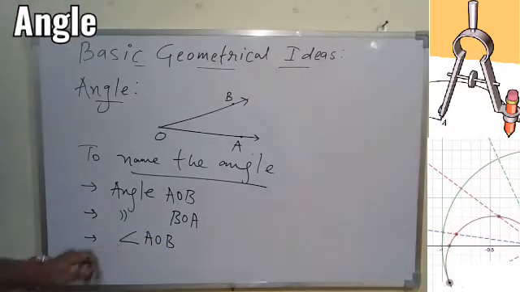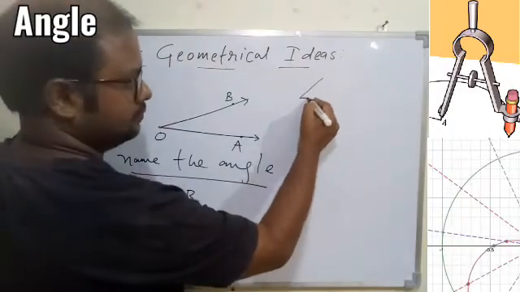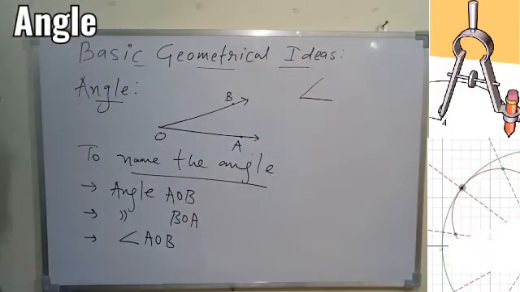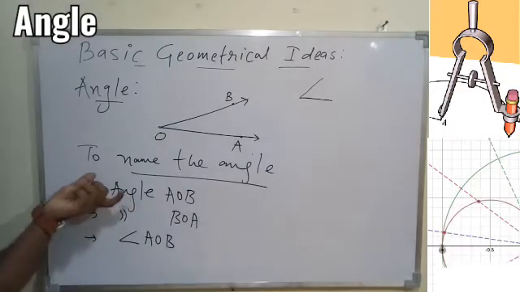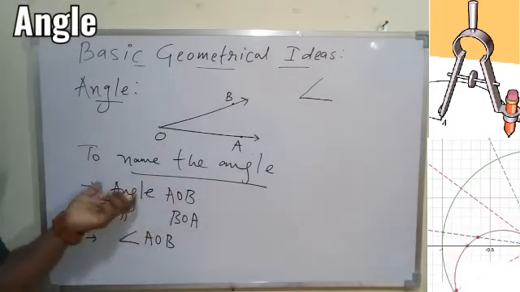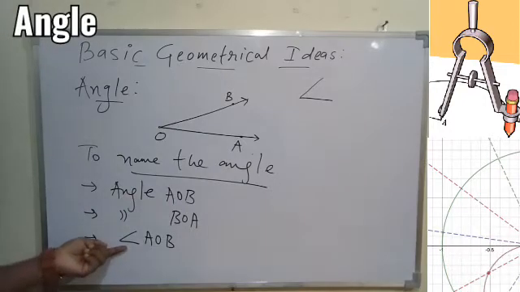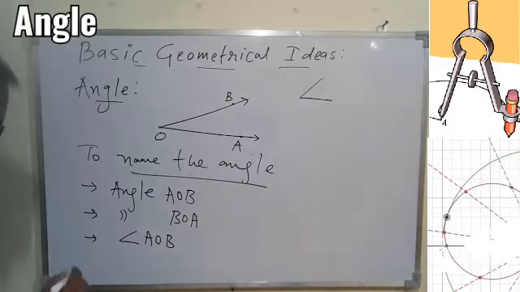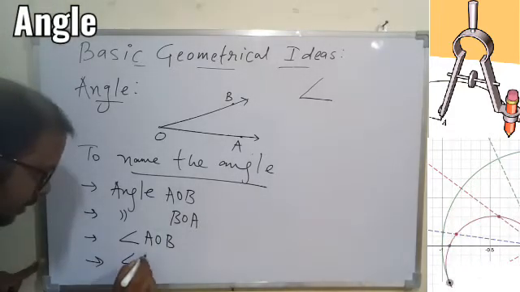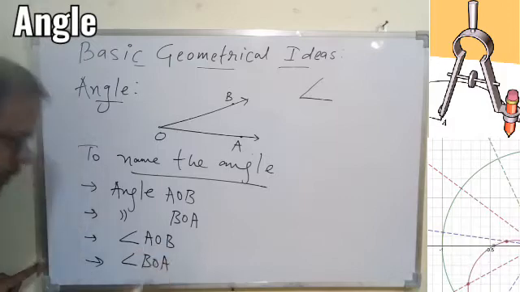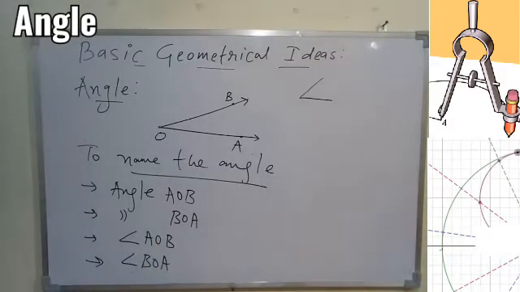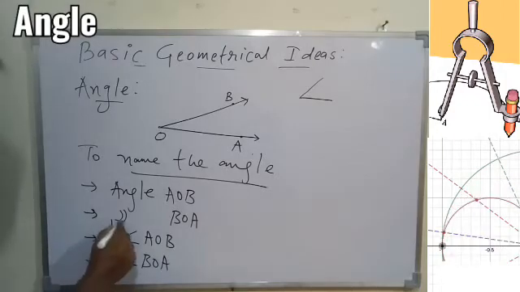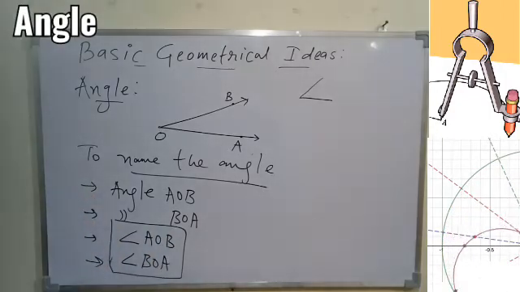Now what you see here, the symbol, is basically used for the angle only. So we need not write the angle in words. Directly we can show this symbol. If I write this way, it shows angle AOB, or we can write angle BOA. These are the different ways of writing, and generally we are going to prefer this to show the angle.